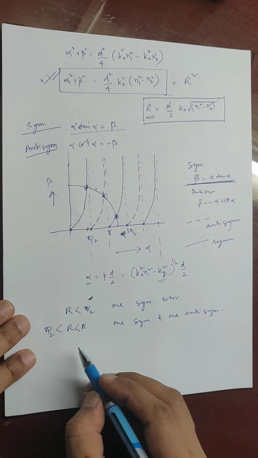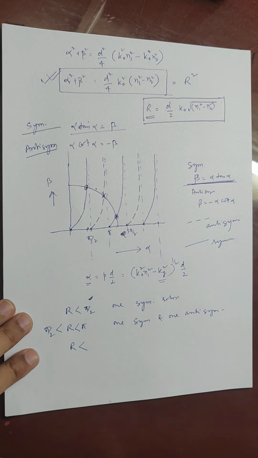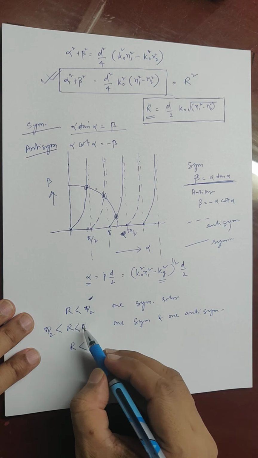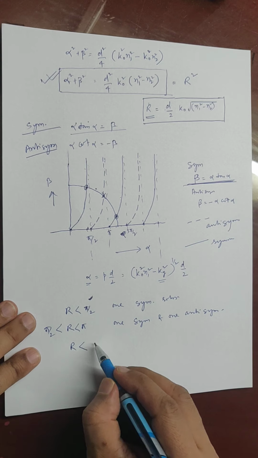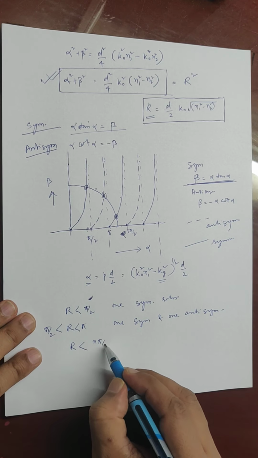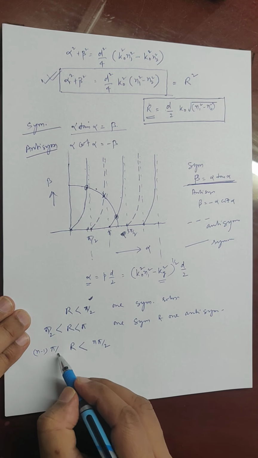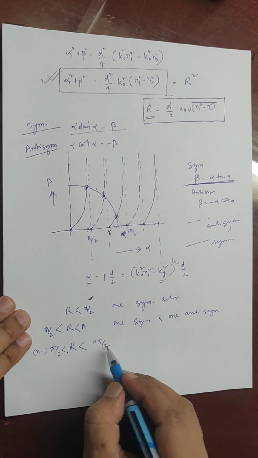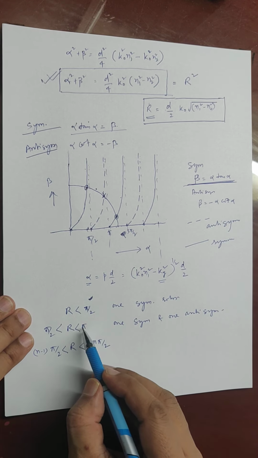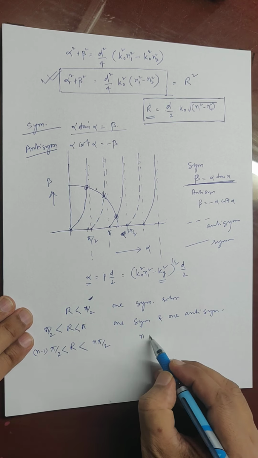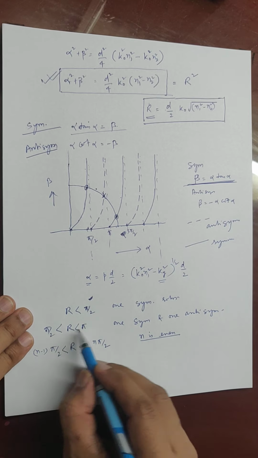Similarly, you can work it out and see that this is 2 pi by 2 and this is 1 pi by 2. So if it is n pi by 2 and n minus 1 pi by 2, between these two, if n is even, it would work like this.